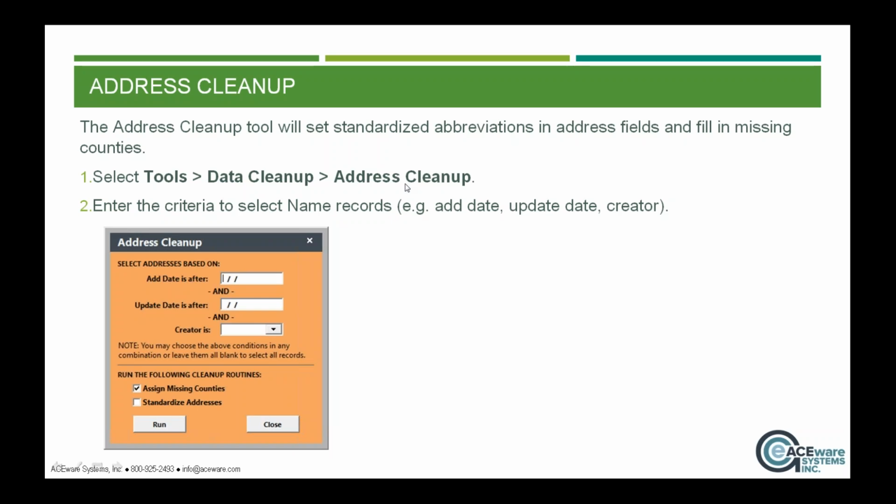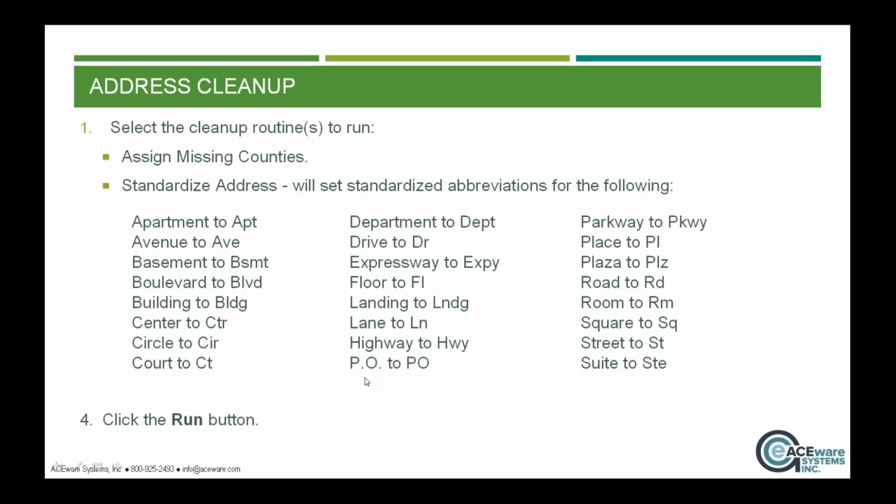All right, so tools, data cleanup, address cleanup. Same kind of thing. You get the choice of looking at addresses based on a certain date, either the add or the update, or the creator. You have two things here, add missing counties and standardize addresses. Here's what surprised me.